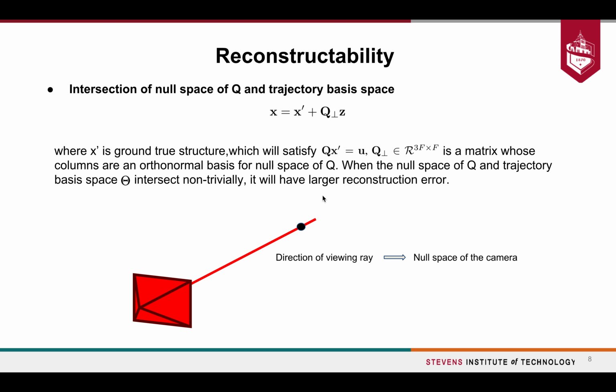Their conclusion about the reconstructability is that if the null space of Q and the trajectory basis have a very big intersection, then there will be a lot of components of the trajectory basis in the null space of Q, which, since this is the ground truth, will be the reconstruction error.